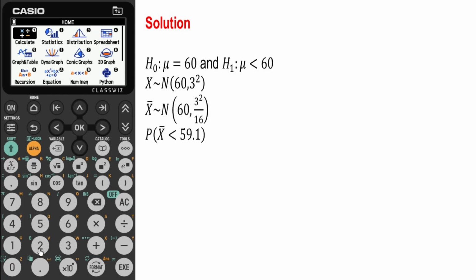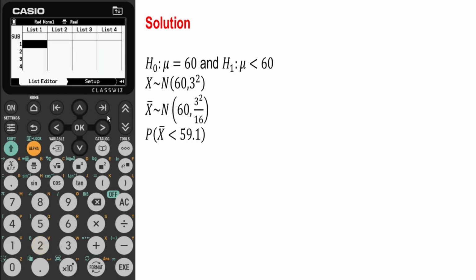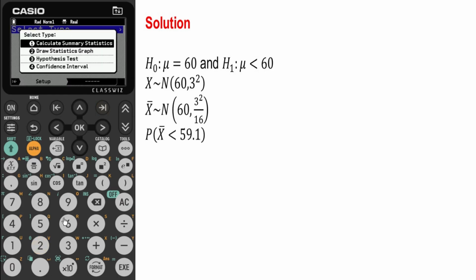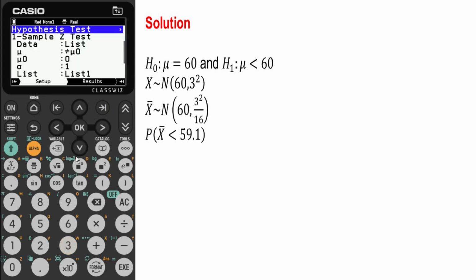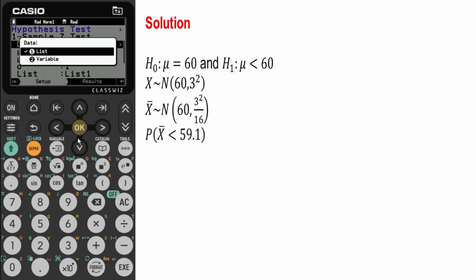Let's go to the statistics application, then press the tab key, then the third option for hypothesis test. We have a one sample Z test, and we will select data from variable. We have a one-tailed test.